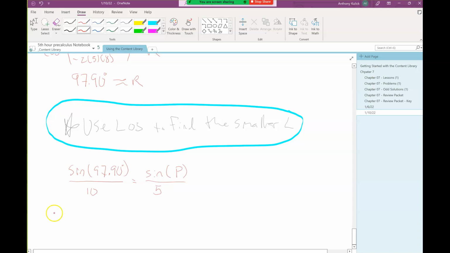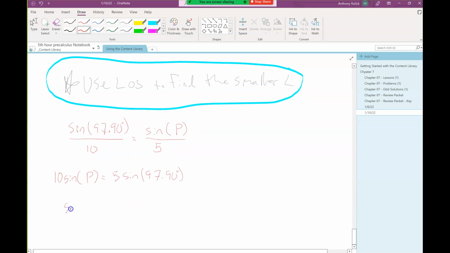And then we'll cross multiply. 10 times sine P equals 5 times sine 97.90. Divide both sides by 10.